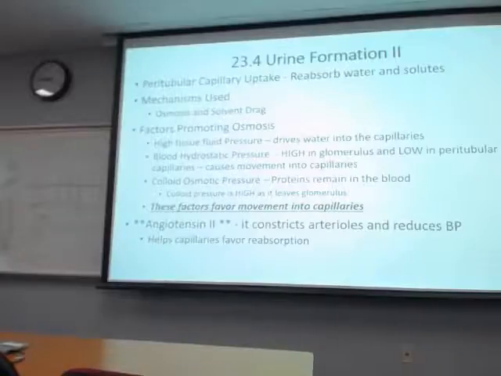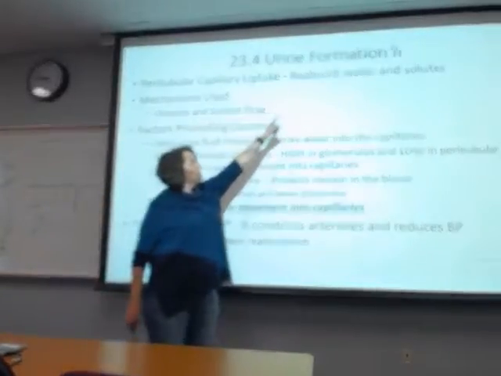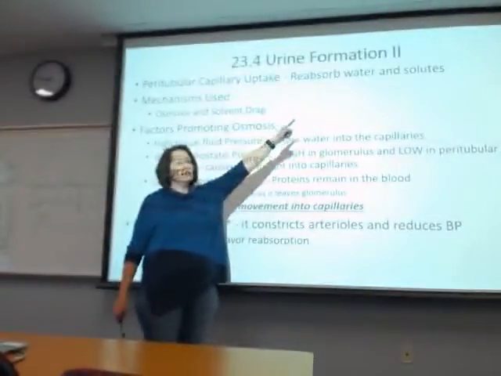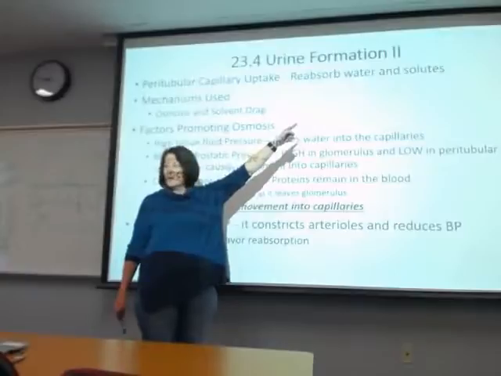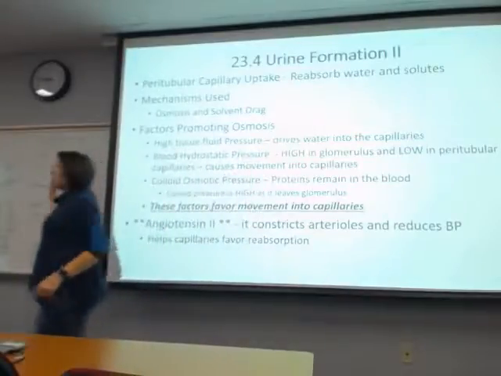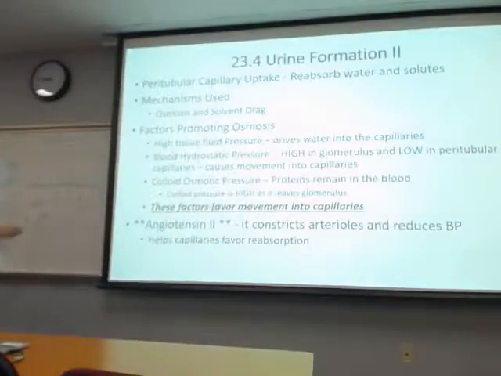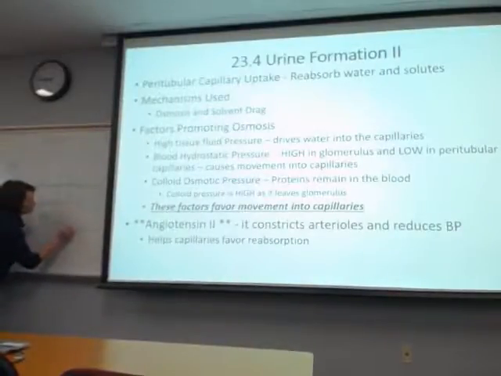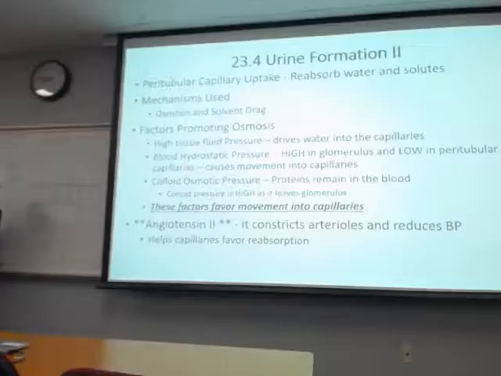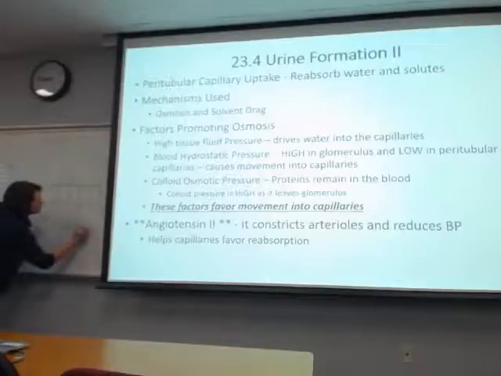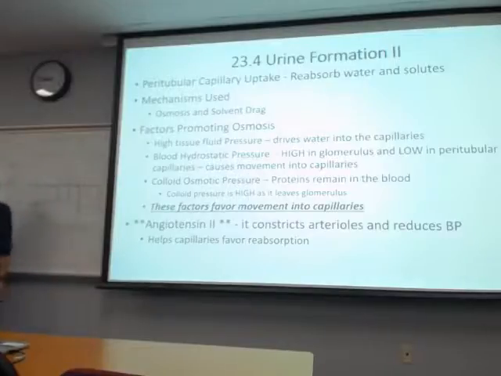Those capillaries can reabsorb water and the solutes. So in that proximal convoluted tubule, the water that got to move across gets to return to the blood, and then my electrolytes get to return to the blood.